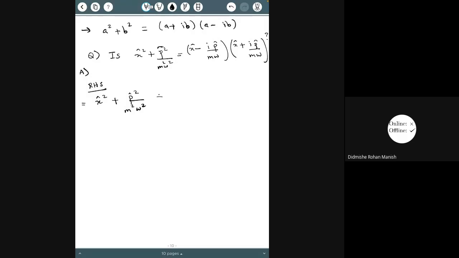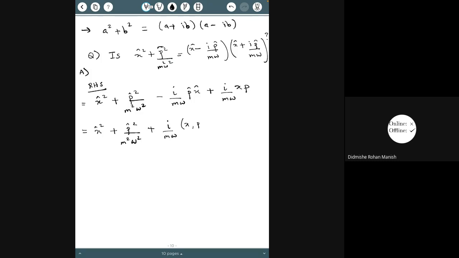But we have an additional term, which is minus i by m omega px plus i by m omega xp, and that is equal to again x squared plus p squared by m squared omega squared, then maybe i by m omega common and xp minus.